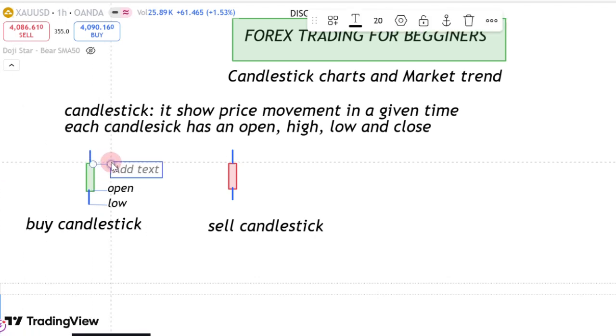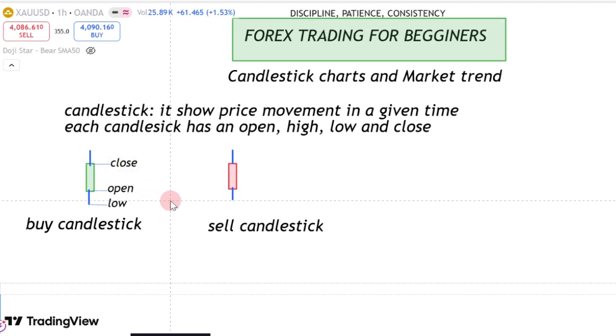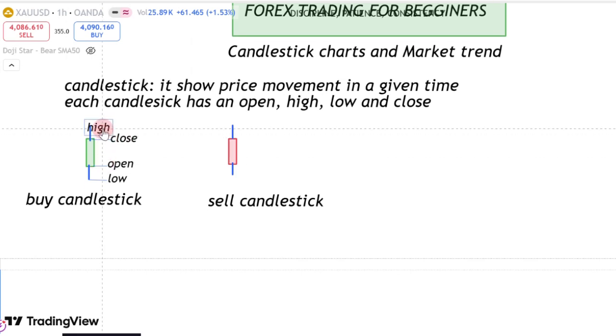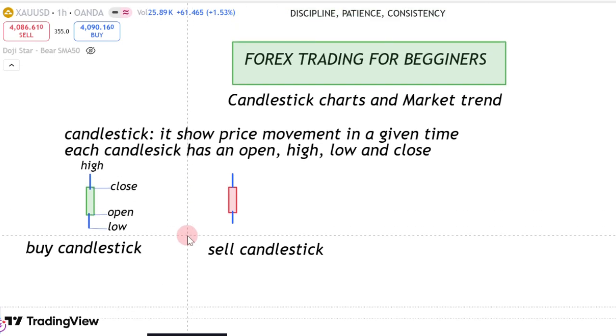So it closes here, and this is the high. We call this one the high. So this is the low and the high for a buy candlestick; the market opens here and closes here.